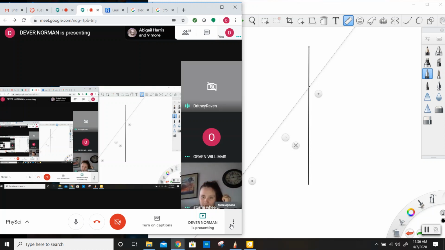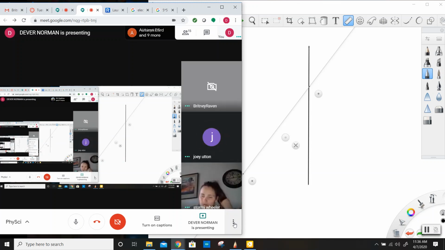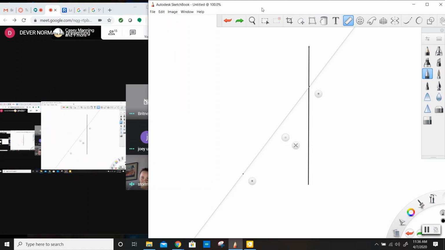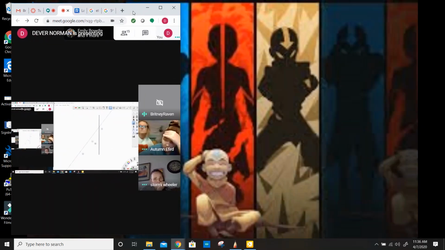Click on that, and there's change layout. Okay, now I see it. Good, thank you so much. Can you see it, Autumn? Which option do I hit? When you get to the more options screen, I think it's change layout.